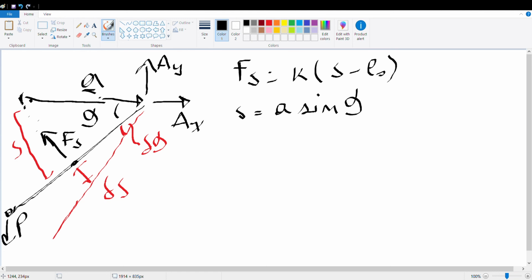And when I'm going to write the virtual work equation, that's going to be delta U is equal to minus Fs delta S. Why is it minus? Because the spring force is going to be against the displacement of the spring itself.